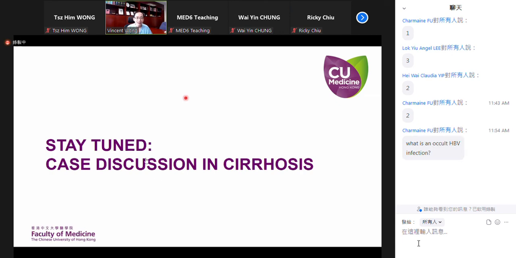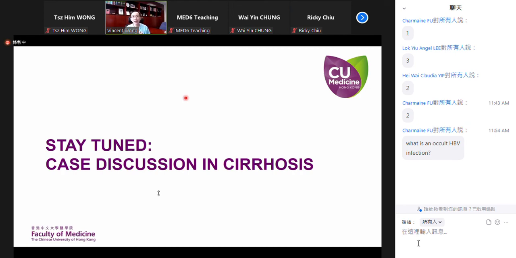Okay, I see a question on occult HBV infection. Now, occult HBV infection is defined as negative surface antigen, but you can detect HBV DNA anywhere in the body. So it can be in the blood, it can be in the liver or other tissues. But for practical purposes, you would unlikely perform a liver biopsy just for the sake of detecting occult HBV infection.